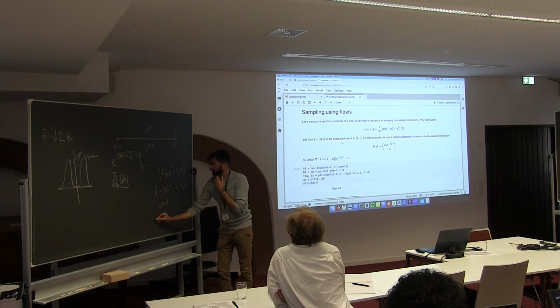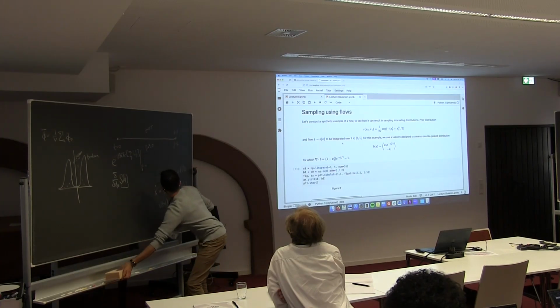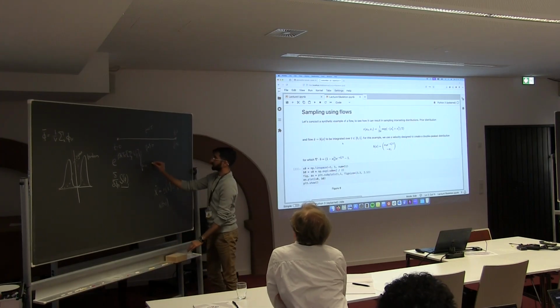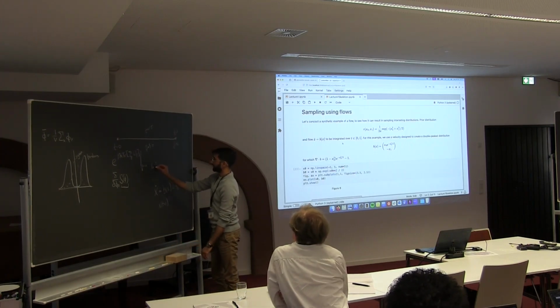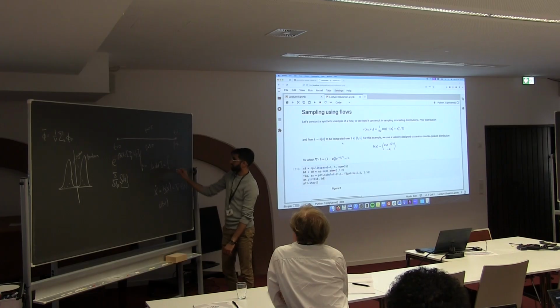What I need to get my log determinant of the Jacobian is to be able to integrate from 0 to 1, up to some signs that we'll come back to, the Laplacian of phi. But that's just equal to the divergence of this B field.